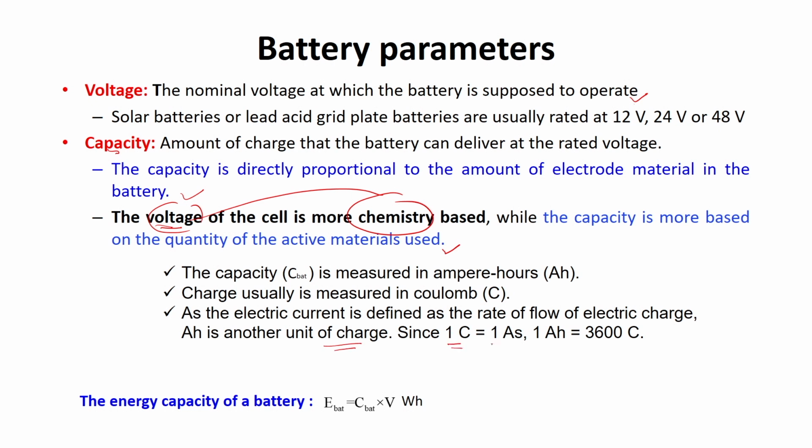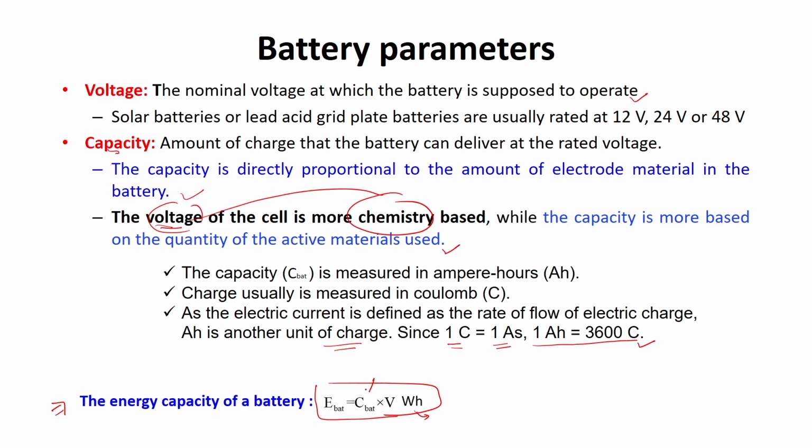Since 1 coulomb is 1 ampere second, 1 ampere hour is 3600 coulombs. And when we are talking about energy capacity, the energy capacity of the battery is defined as E bat, which is nothing but C bat times the voltage, and this will be in watt hour.